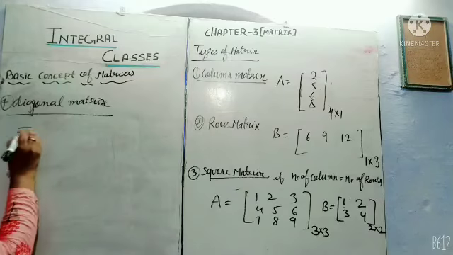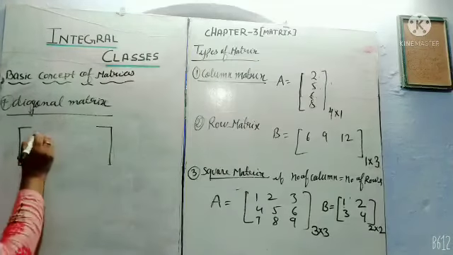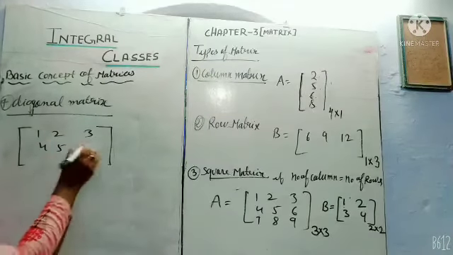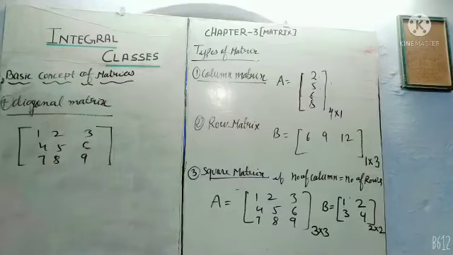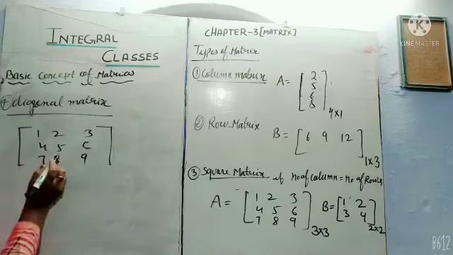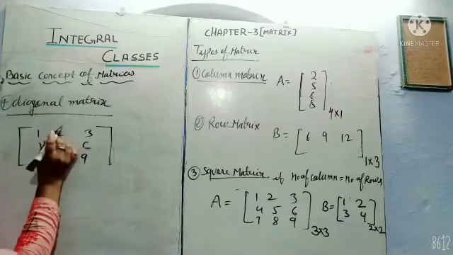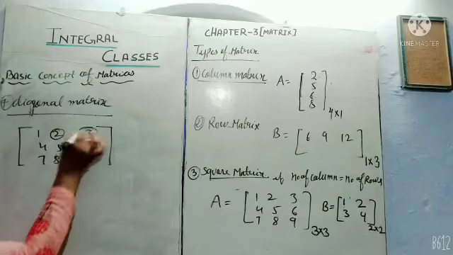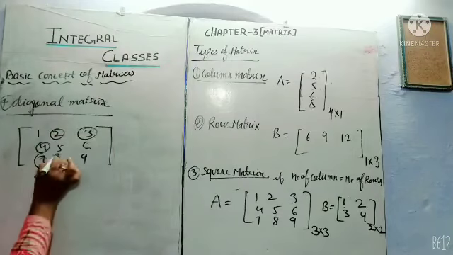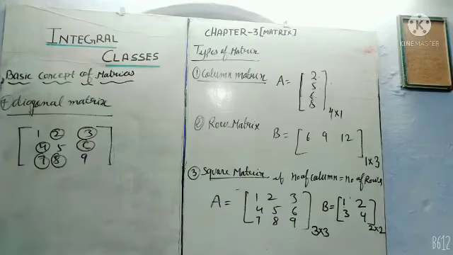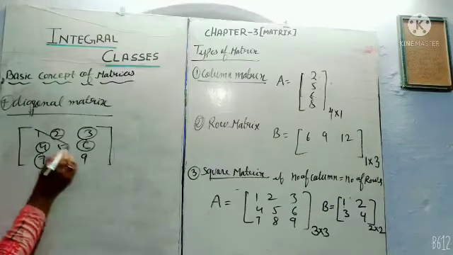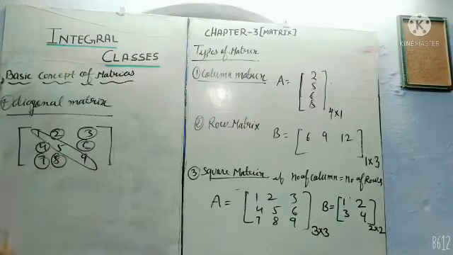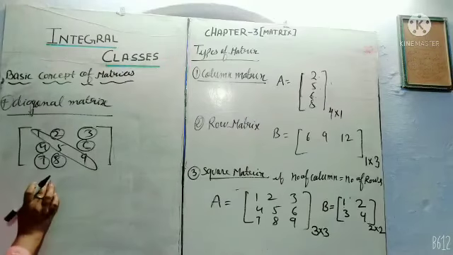First consider a matrix 1, 2, 3, 4, 5, 6, 7, 8, 9. It will become a diagonal matrix if its non-diagonal elements, which are 2, 3, 4, 7, 8 and 6, are all 0. These are the non-diagonal elements, and the diagonal elements are the others.